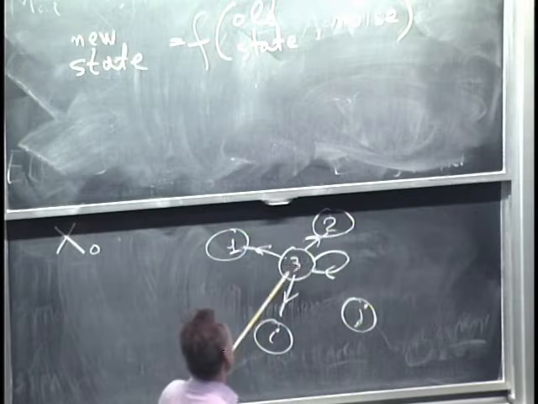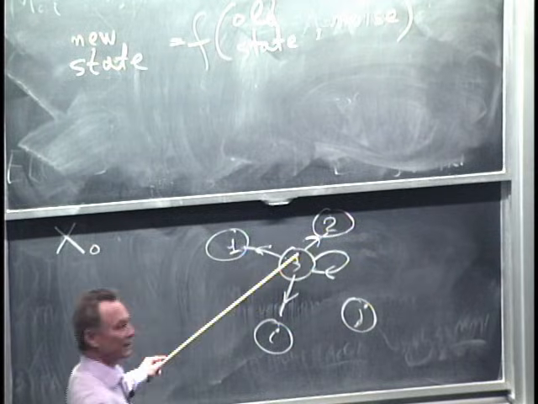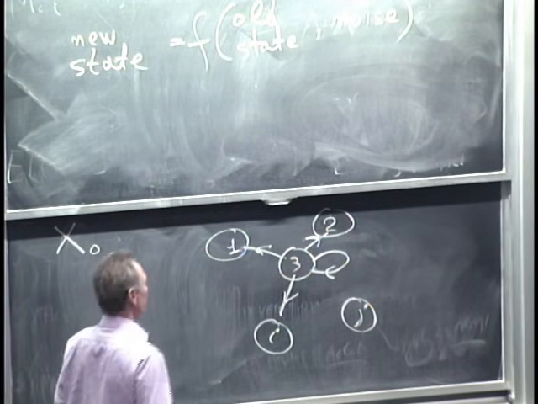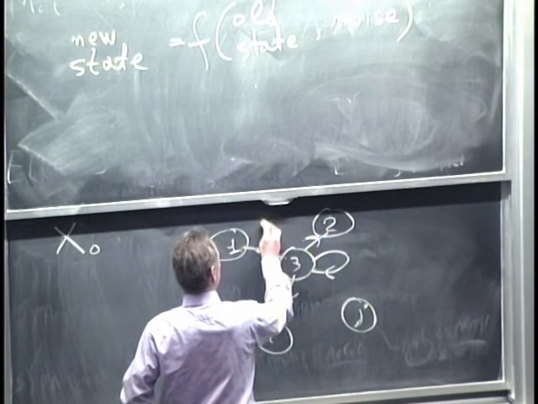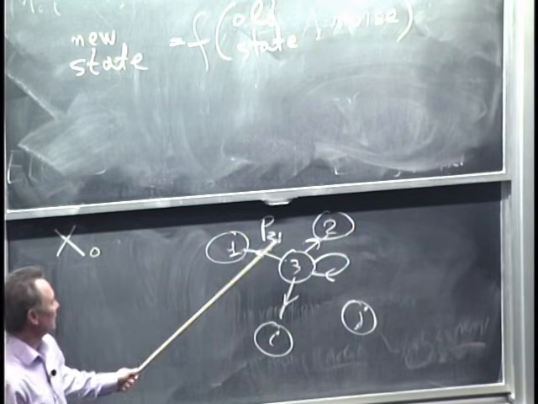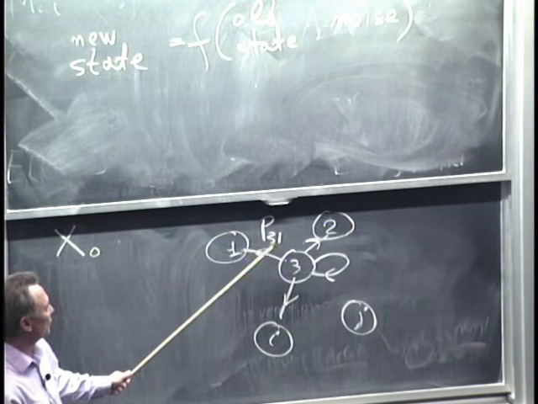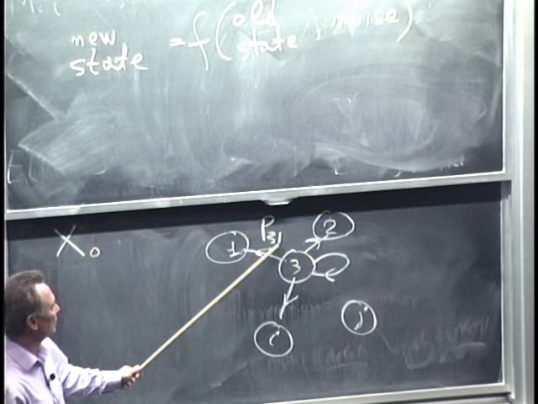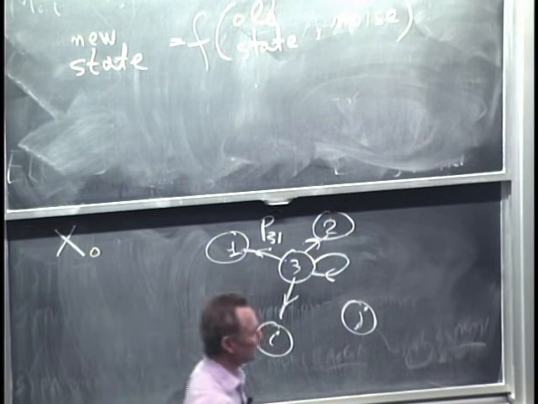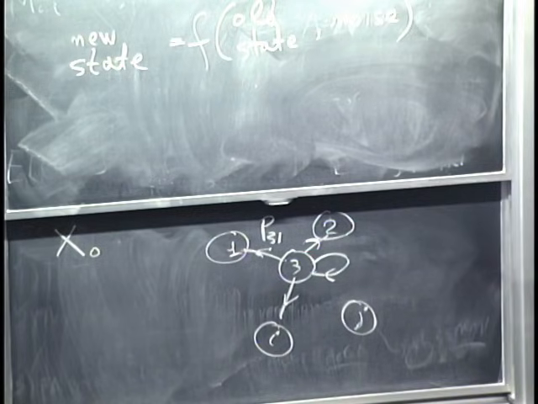Now, we want to describe the statistics of these transitions. If I am at that state, how likely is it that next time I'm going to find myself at that state? Well, we describe the statistics of this transition by writing down a transition probability, the transition probability of going from state 3 to state 1. So this transition probability is to be thought of as a conditional probability.